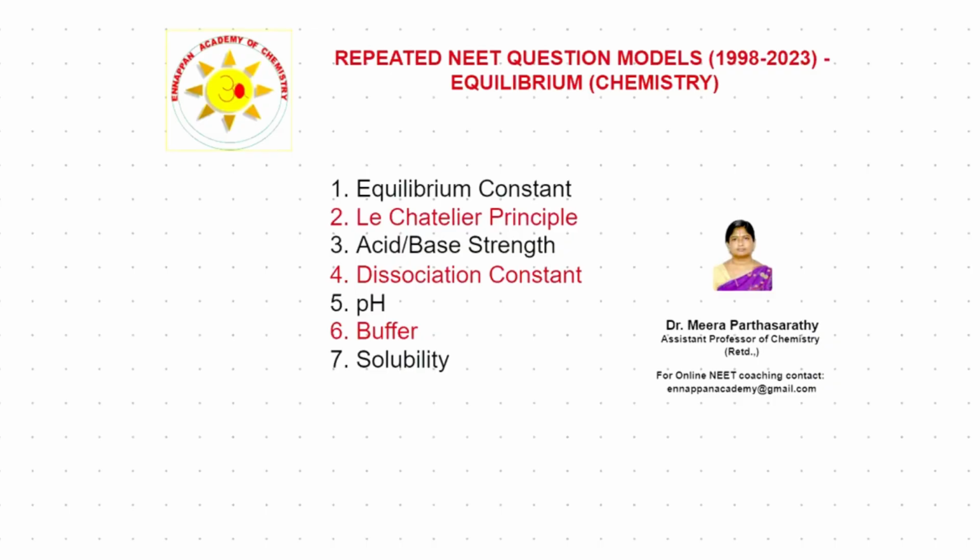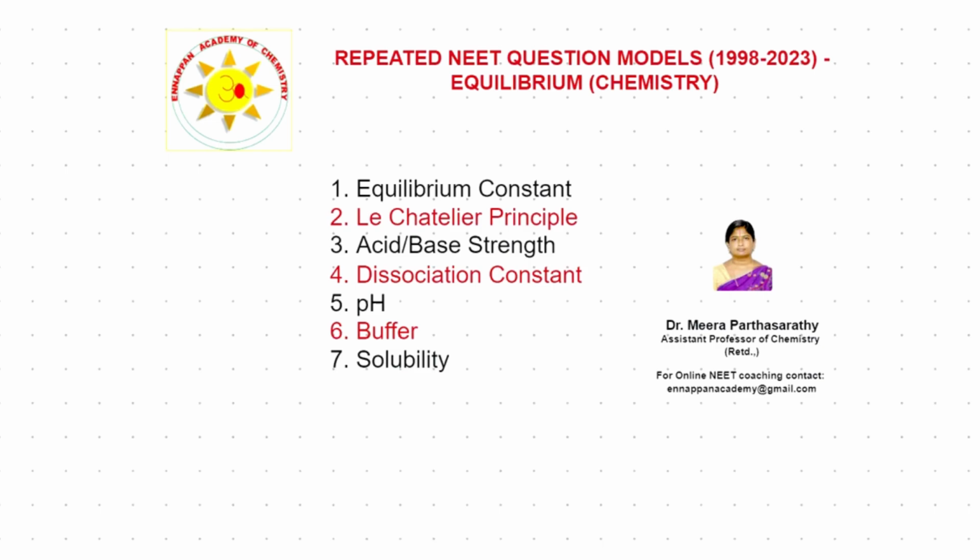Based on the request received from many students, today we are going to discuss repeated question models in the topic equilibrium taken from the past 25 years of NEET papers. Equilibrium topic is considered as a vast topic by most of you.